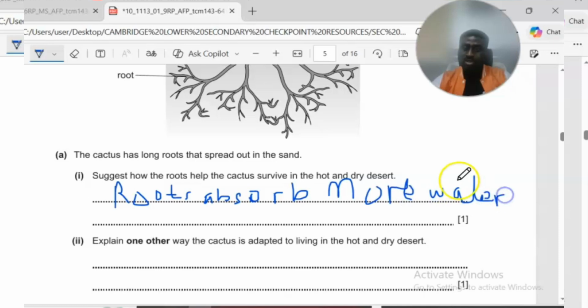You can also say it helps to collect more water because it has a large surface area. So by the extension into the ground, it draws in water and nutrients. So this is the most probable answer for 1 mark.